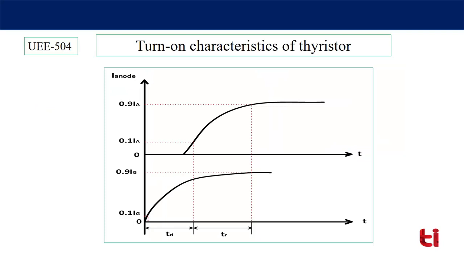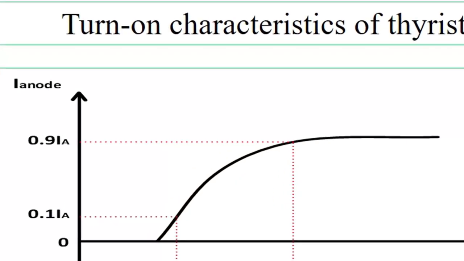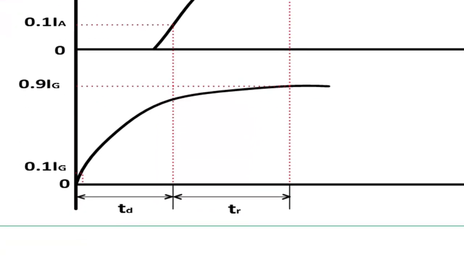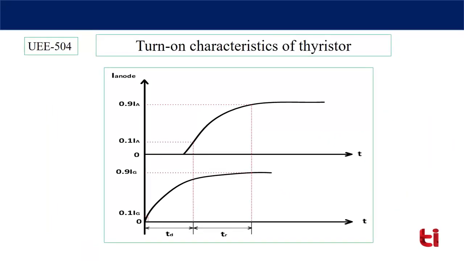Characteristics of thyristor. Let's see. Here in this diagram, two currents are shown, the anode current and the gate current. The top graph is for the anode current and the bottom one is for the gate current. Now we can see that the gate current starts from 0 and reaches its final, or steady state, value. But at the same time we can see that the anode current does not start at the time the gate current is given.